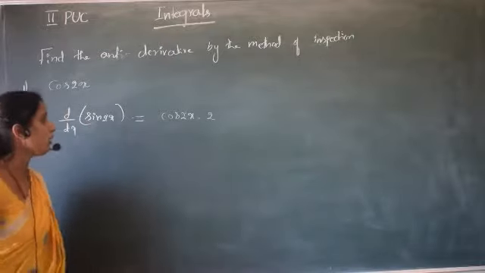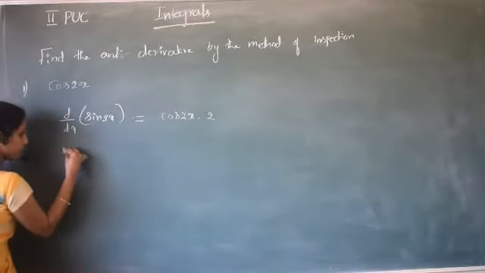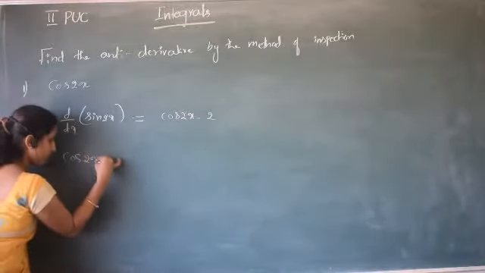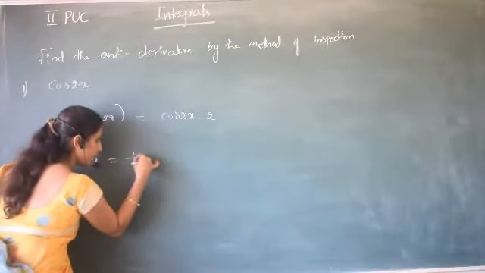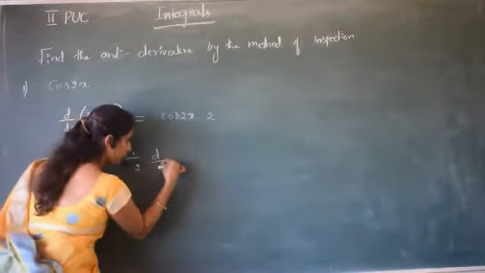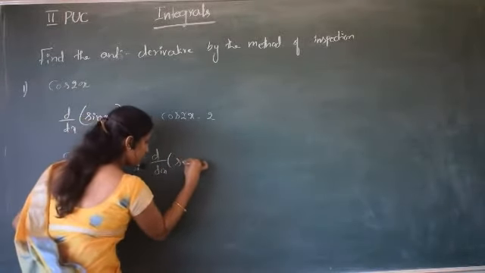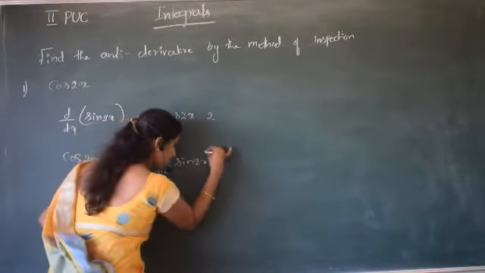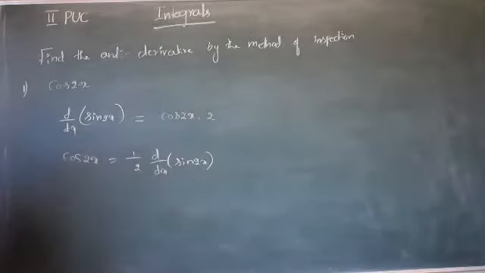Therefore, I can write cos 2x is equal to 1 by 2 into the derivative of sin 2x. Then I can write the constant.